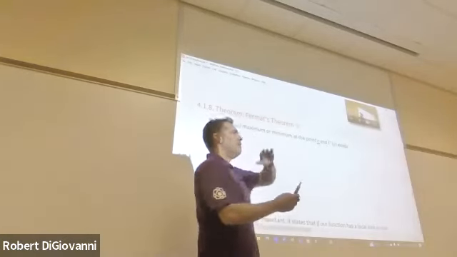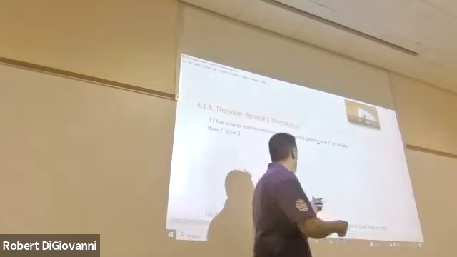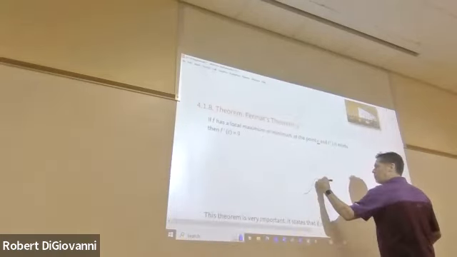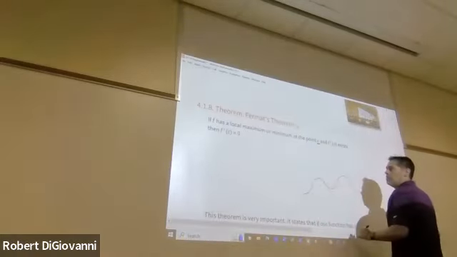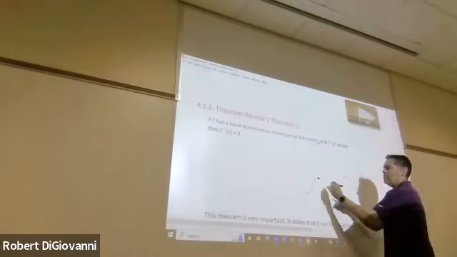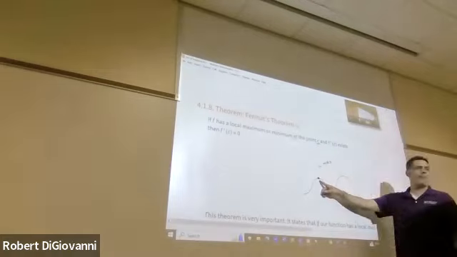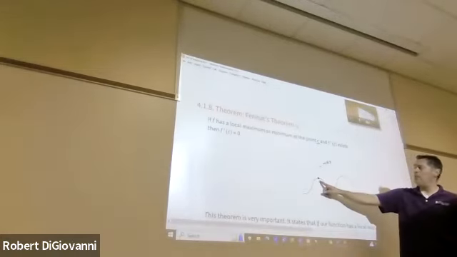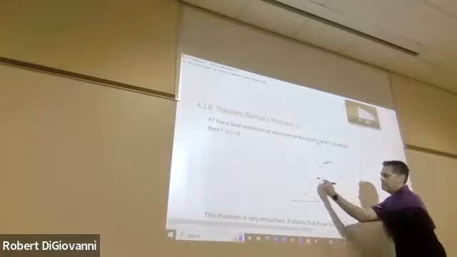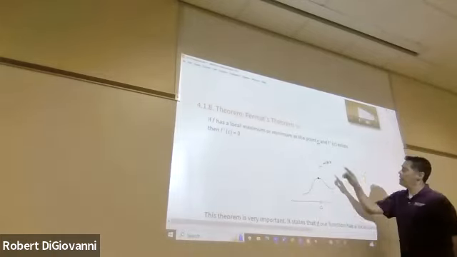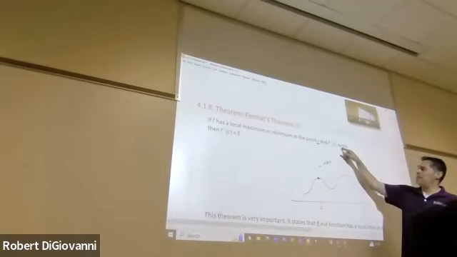So let's say you have a function and you have a local max somewhere. That's a local max, isn't it? This theorem says if you have a local maximum at some value C, and the derivative exists here.